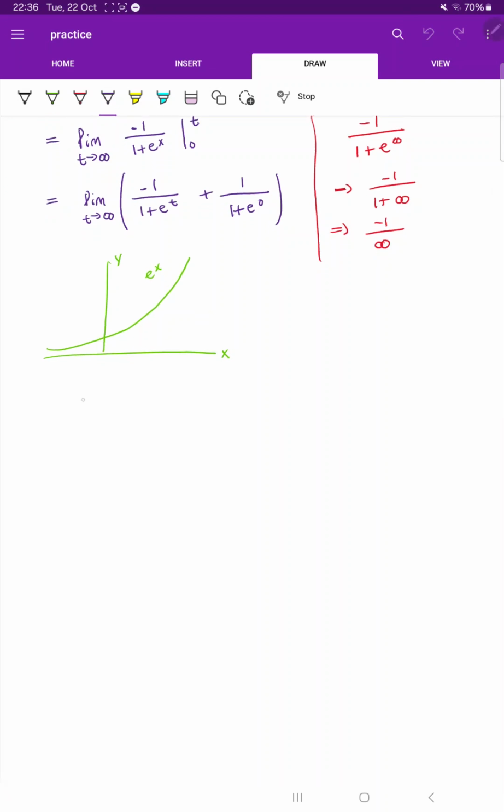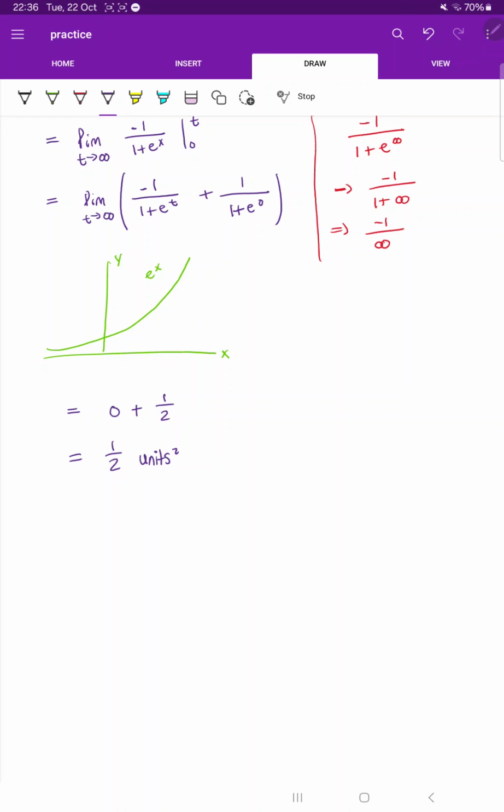So all in all, this is just going to be 0 plus 1 over 1 plus 1, since e to the 0 is just 1, so it's 1 over 2, and our final answer is 1 over 2. And this is an area, so you can't have units squared.